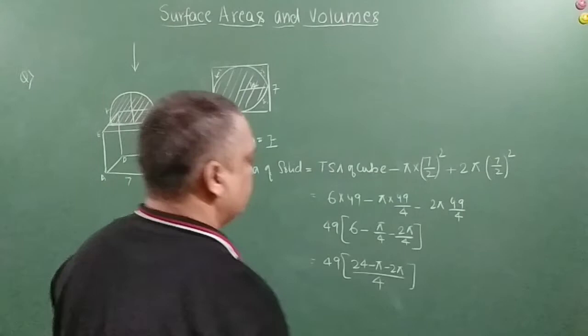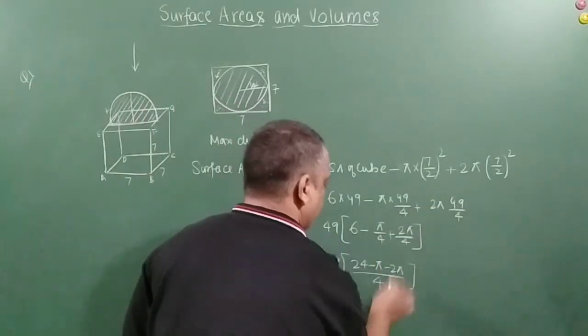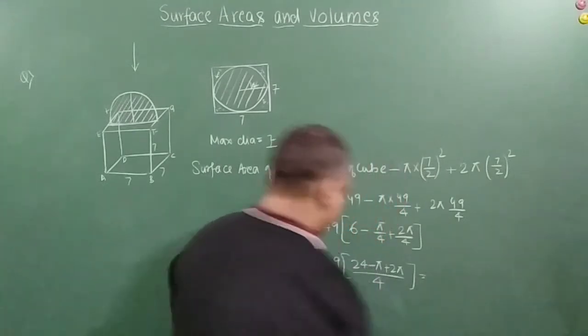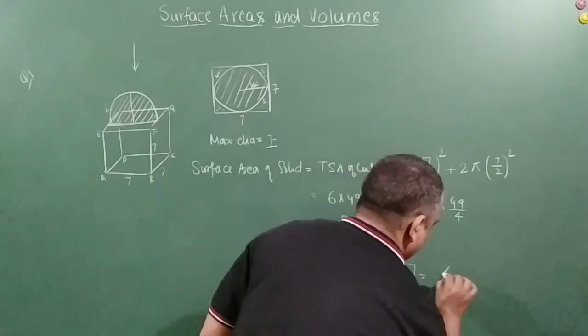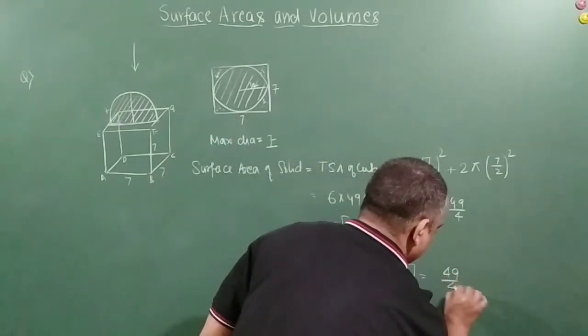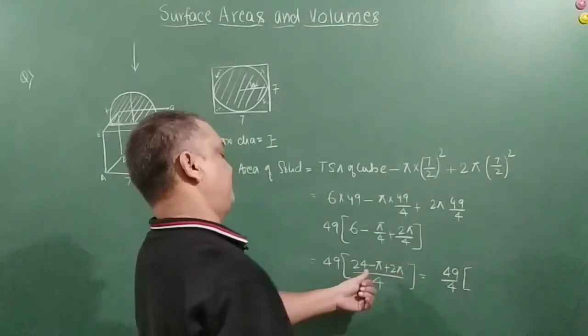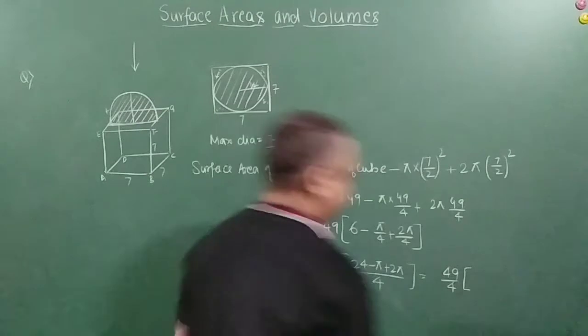Correct? Which is equal to, we can write 49 by 4 in bracket, it becomes pi plus 24.